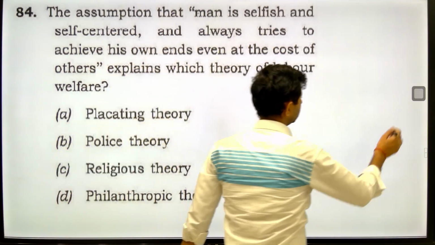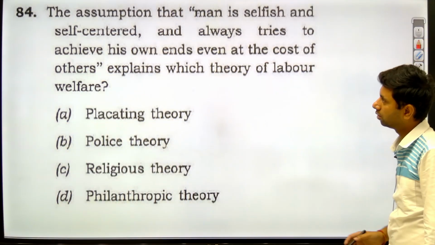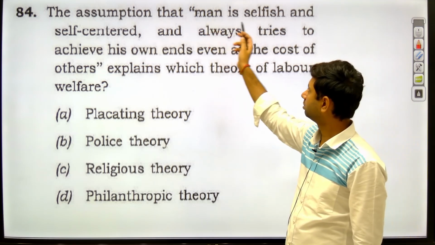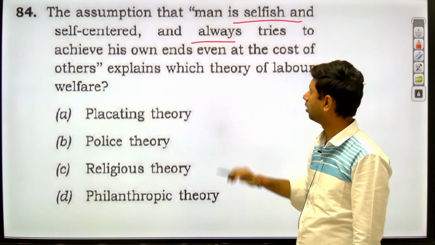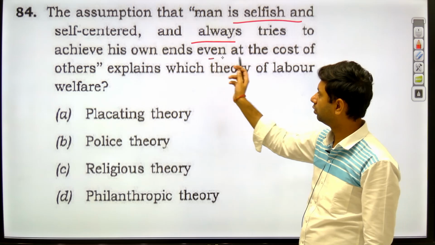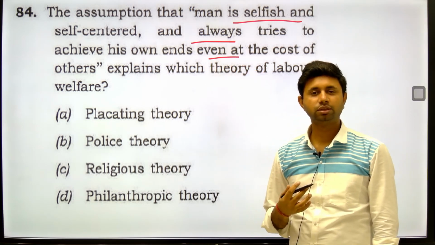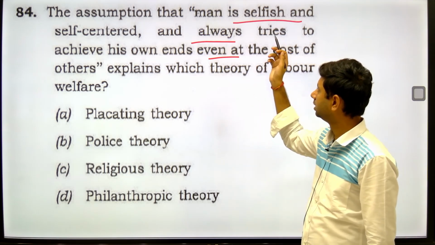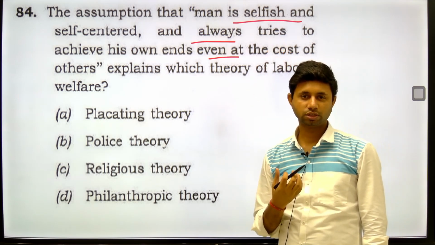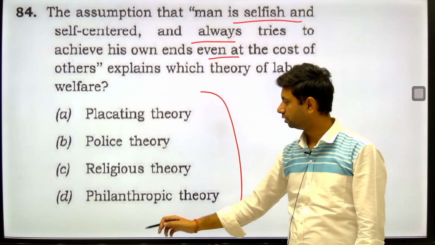Okay, let's move on to the next question, which talks about which theory assumes that man is selfish and self-centered and always tries to achieve his own ends even at the cost of others. So just use common sense: if a man is like this, then how do we control such a man?